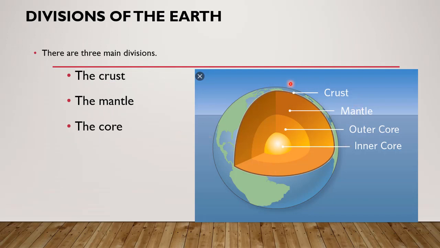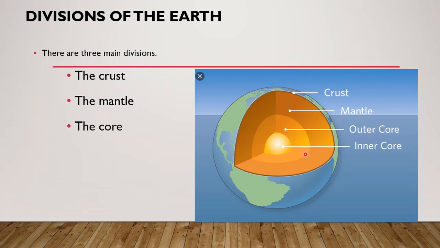So this is the diagram of the Earth surface, and it is also showing the inner structures of the Earth. So we have the crust, the mantle, and the whole of this is the core. And the core has been divided into two: the inner core and the outer core.